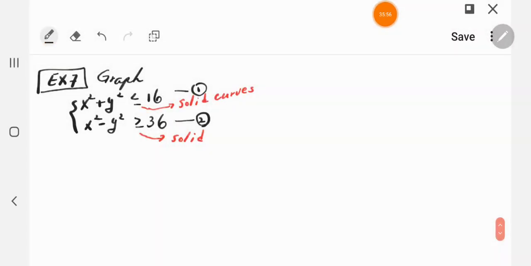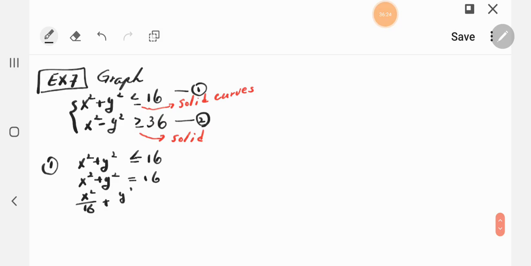Okay, example 7. Let's try this graph. The first one is x squared plus y squared. Since this is plus, this is either a circle or an ellipse. Let's make an equation first. Then x squared over 16 plus y squared over 16 is equal to 1.